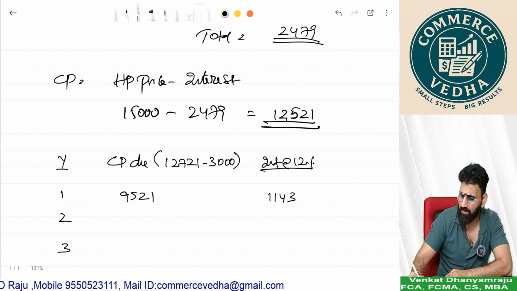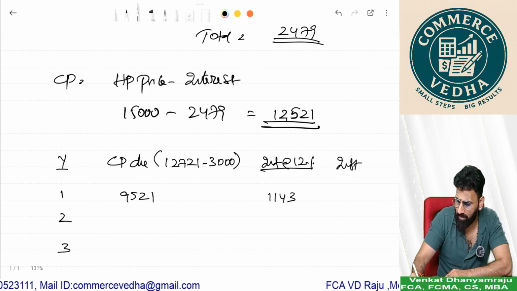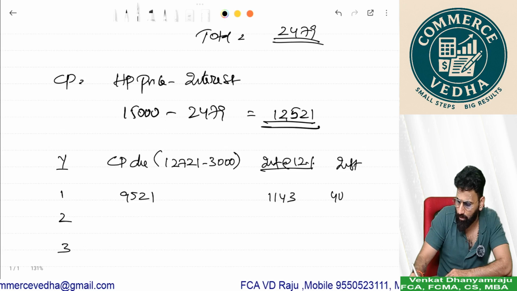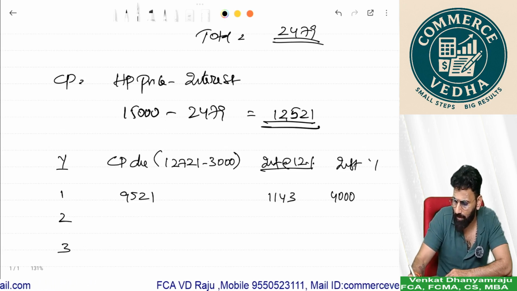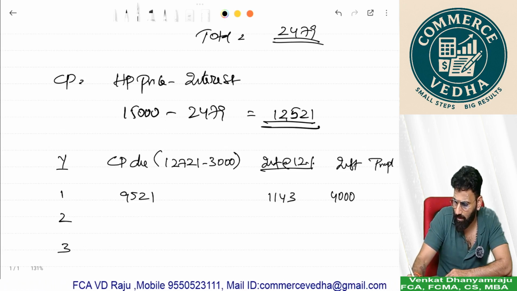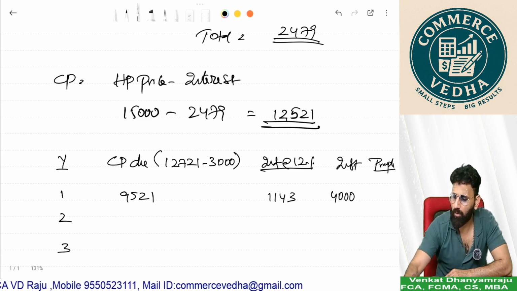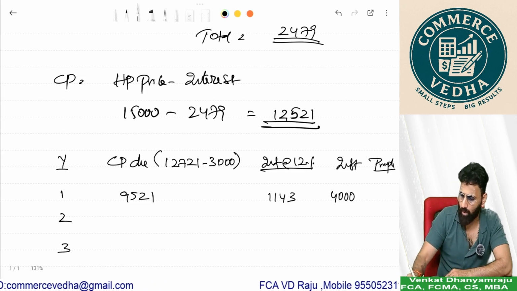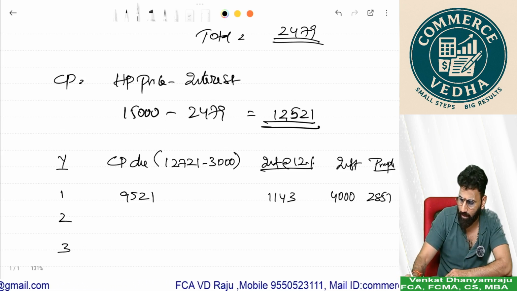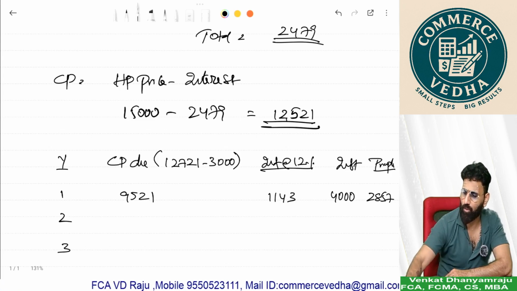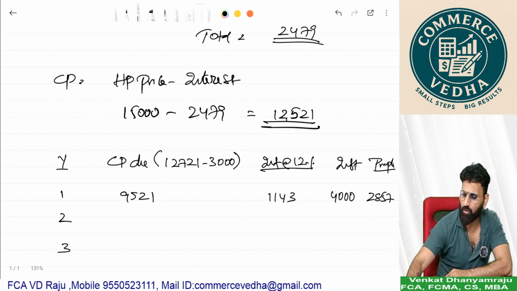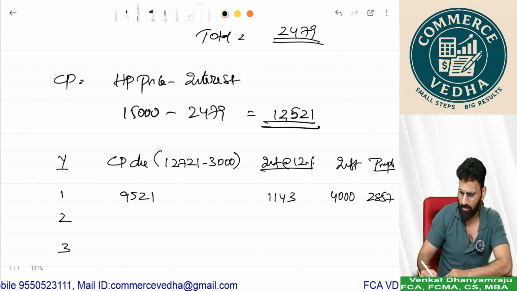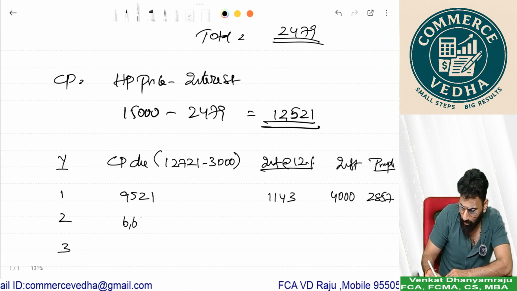Then what is the installment? First year 4000. So principal payment is 4000 minus 1143, which is 2857. So second year due is 9521 minus 2857, which is 6664.